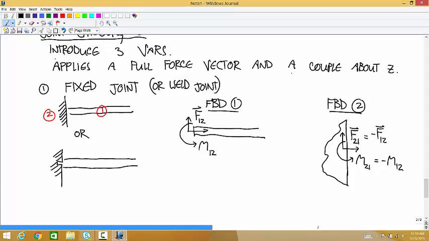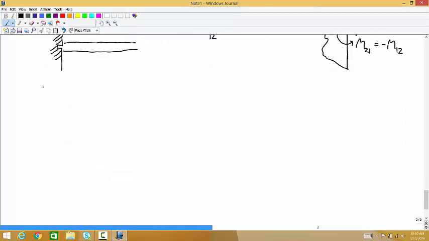Okay, let's just do a bunch of examples. First, let's say we have a beam connected to the ground by a pin joint, and then touching an angled wall there.